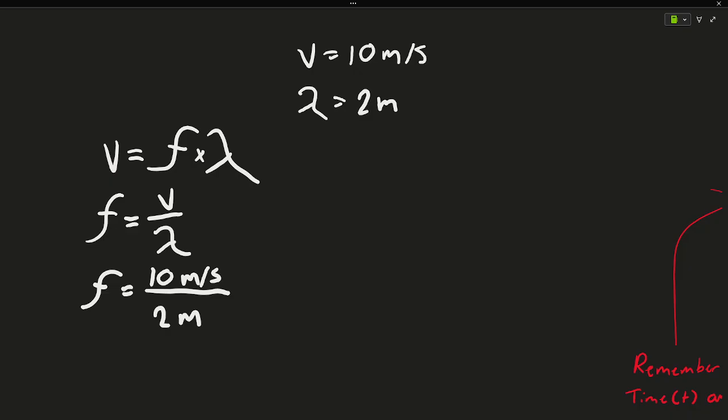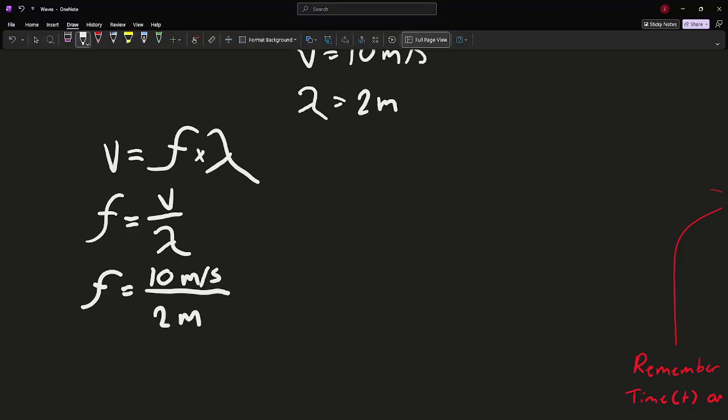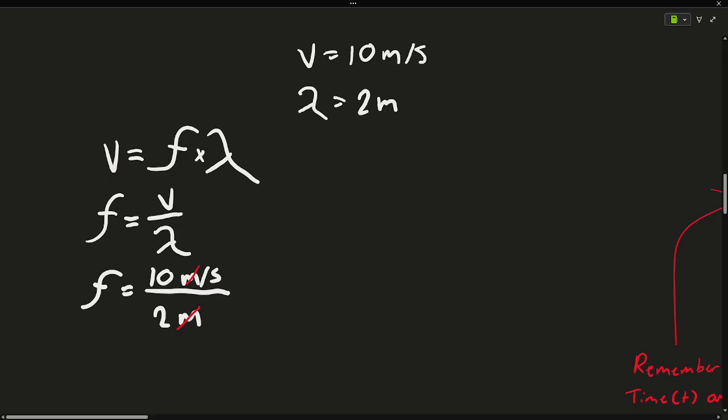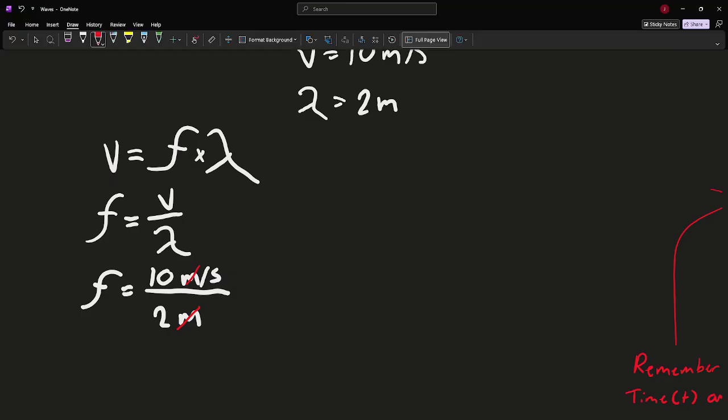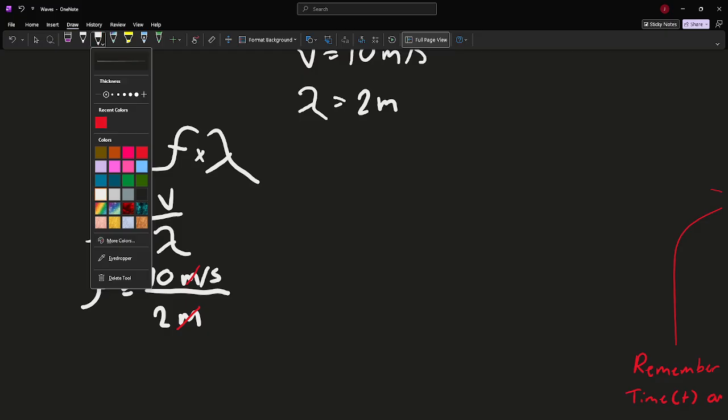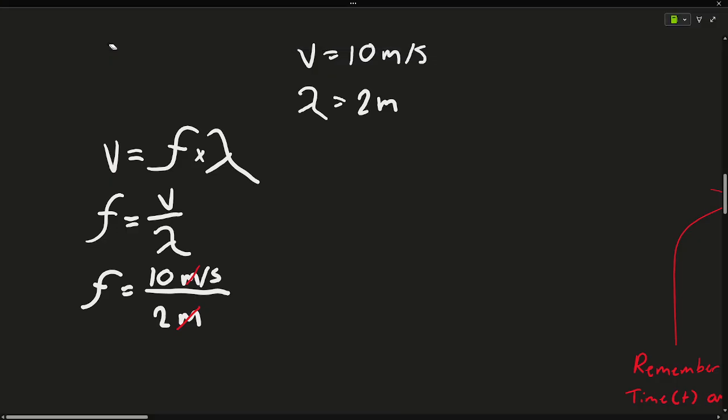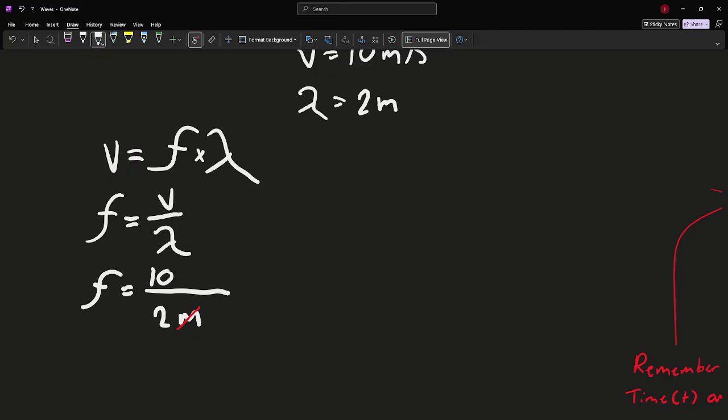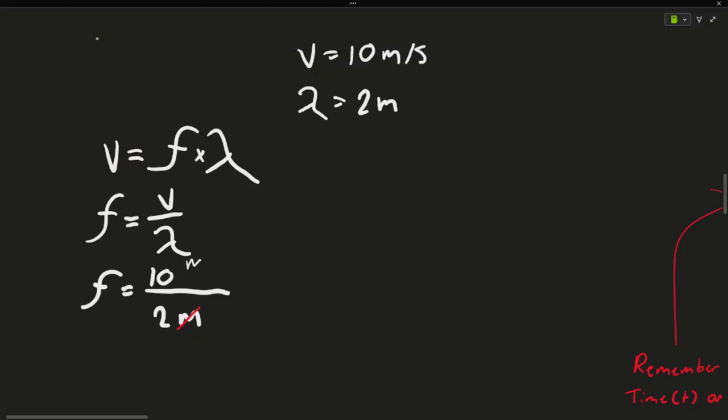Now I'm going to get my red pen out and I'll show you a trick. If we look at this 10, look at this 2, we obviously know it's going to equal 5. But let's look at these two m's. I'm going to rewrite that to give us an easier interpretation. Let's put an m over the s.